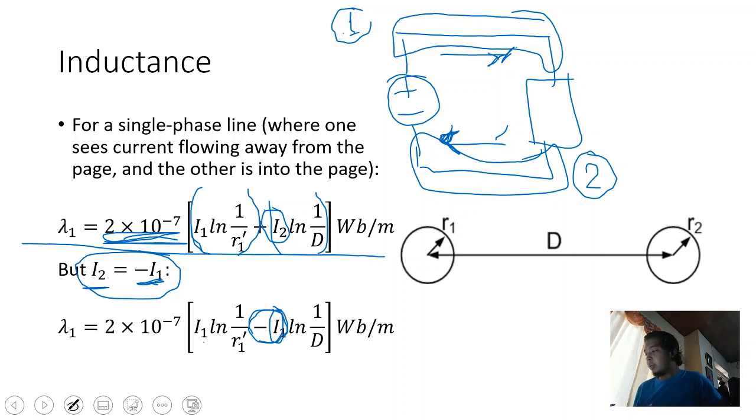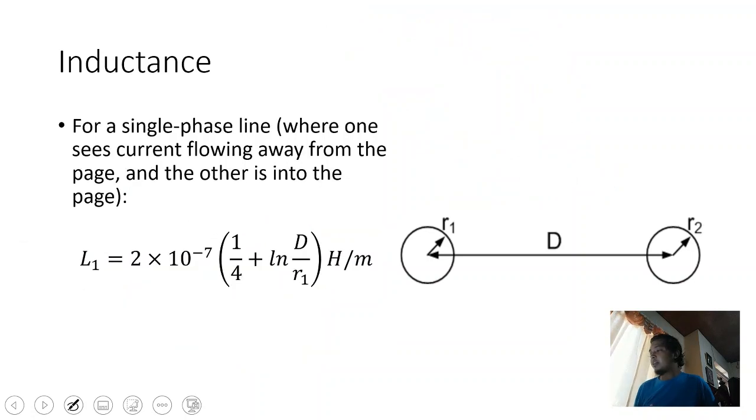Okay, so now you have this I1 and this I1. So, iisa na lang yung current mo ngayon. Okay, and then you can put this I1 here sa labas. And then you can just combine these two ln's. Okay, so you'll end up with ln of D over R1.